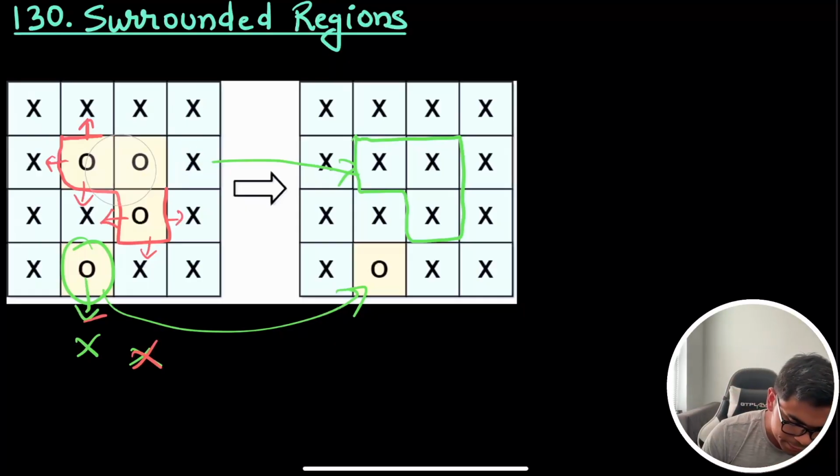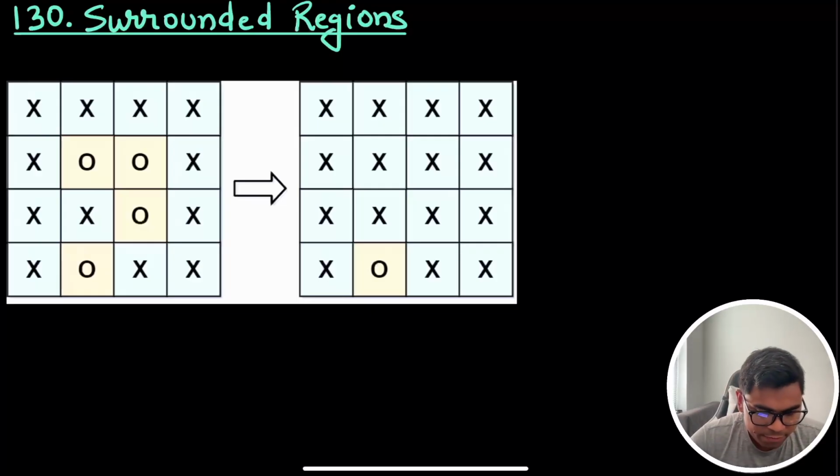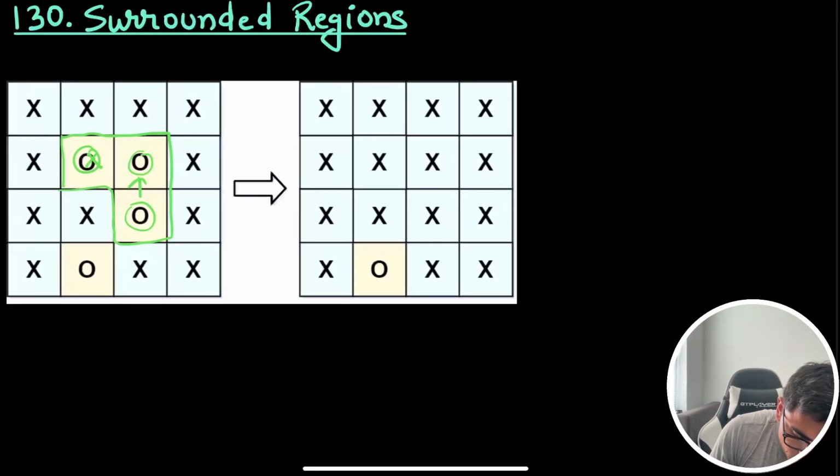So what's really happening is, if you think about it, there might be two ways of solving this problem. First, you find out all the regions of O's. Let's say you are traversing through your grid, then you come across an O. For this entire region to be captured, all the sides have to be surrounded by X's, so it has to be right in the middle somewhere, it cannot be a border cell.